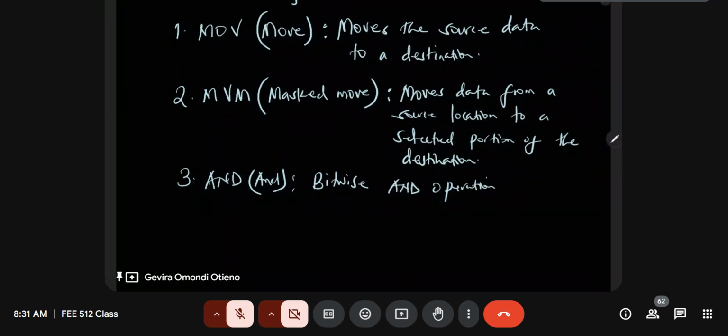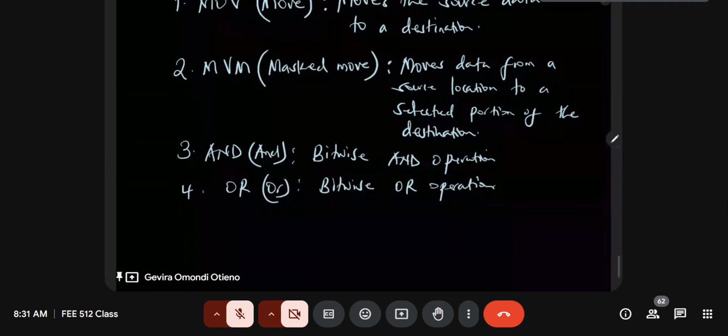These ones you did in third year, and you did a lot of truth tables and all that. So this is an OR operation, again, which is just a bitwise OR operation. There's nothing new. In fact, these ones I will not be bothered with as much as the first two types of instructions.